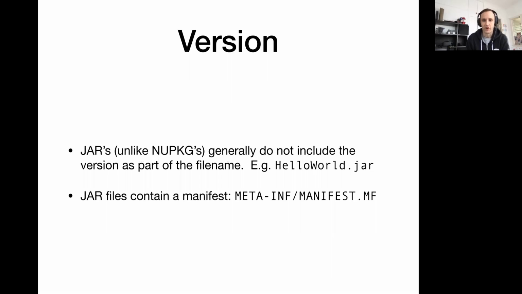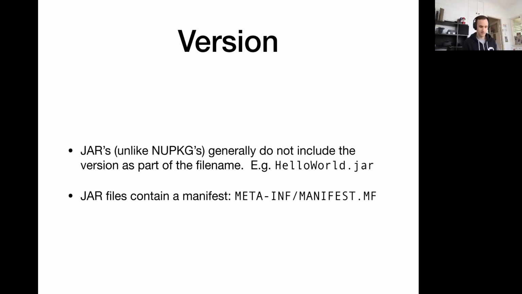To start with, jars are often named not including the version number, unlike NuGet files. So we are supporting getting the version from a manifest file, which is contained within the jar file. This is not unlike NuGet files where the manifest contains the version number and the package ID.